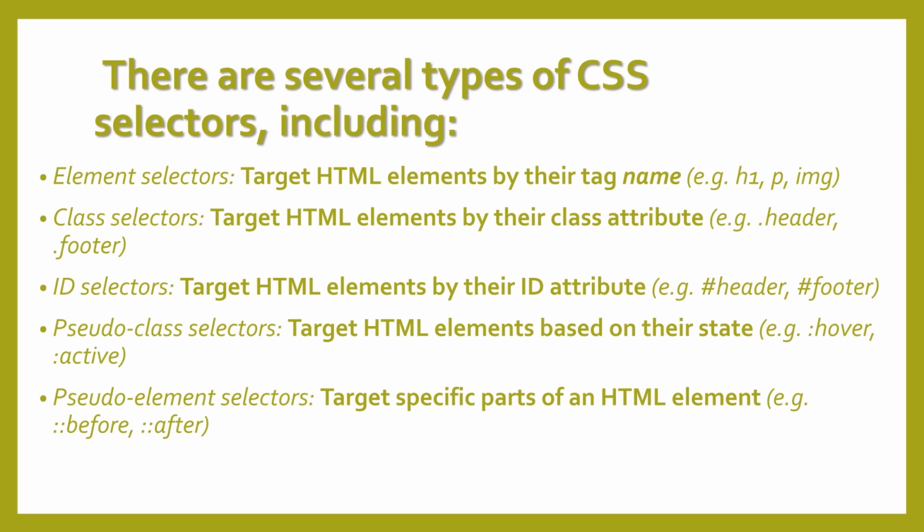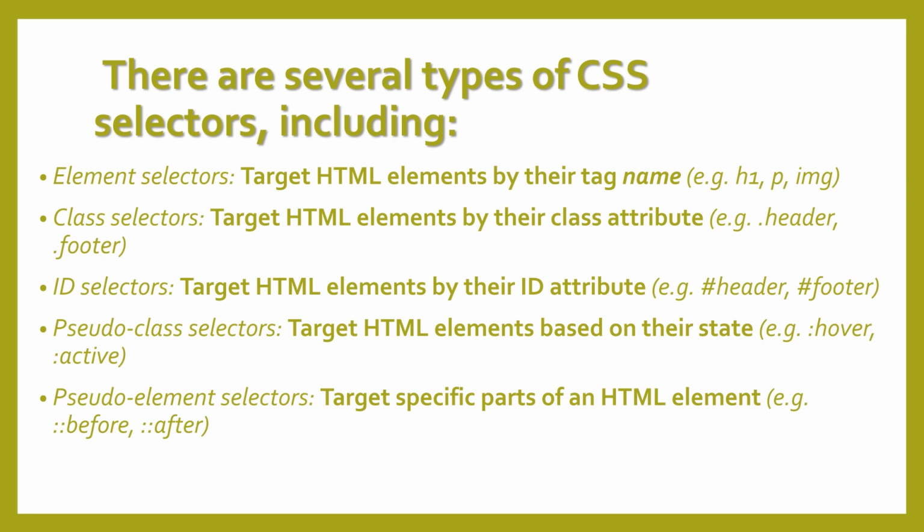And then class selectors target HTML elements by their class attributes. So the class that you use for that particular element, if it is header, footer or whatever, you use the class selectors to work on them. And also ID selectors target HTML elements by their ID attribute.